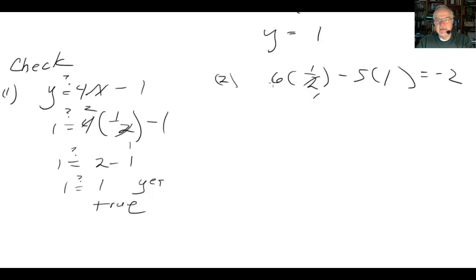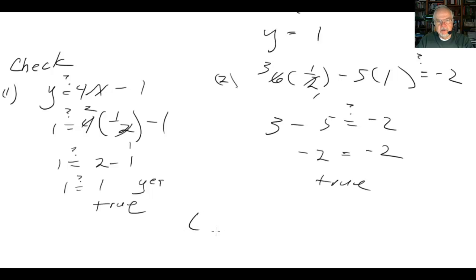Alright, so 2 goes into 2 once, 2 goes into 6 3 times. 3 times 1 is 3. Minus 5 times 1 is 5. Of course, the question is, does that equal minus 2? Well, you can see, yes, it does. Minus 2 equals minus 2. That's true.